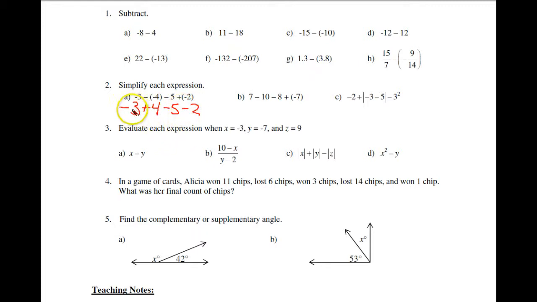So we can get all our negatives together and get negative 10, it looks like, and a positive 4 will give me a negative 6 for letter A.